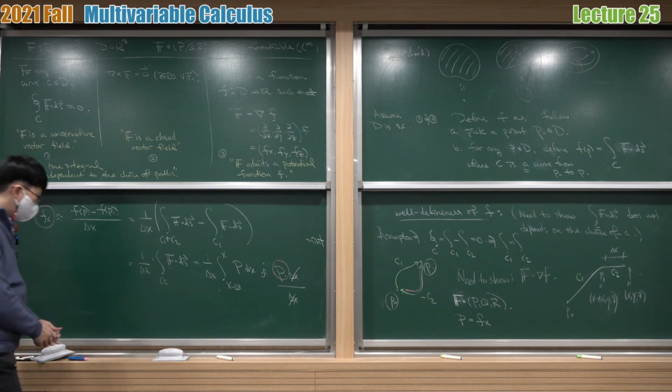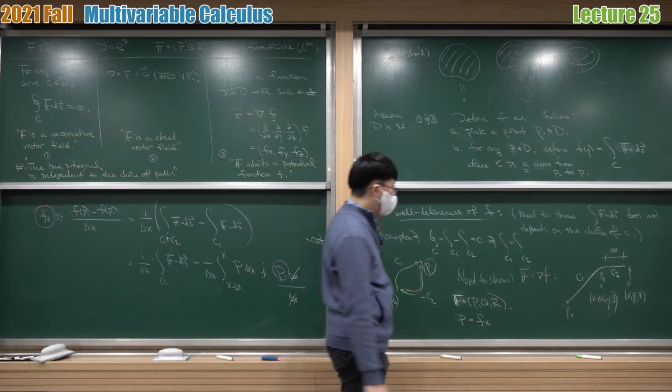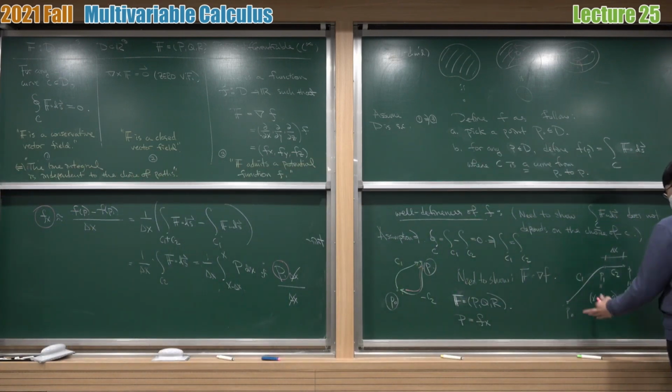You can do the same thing with fy and fz, by changing the path like this or that. So where did the simple connectedness come from?